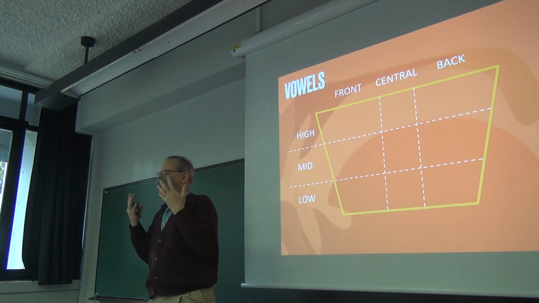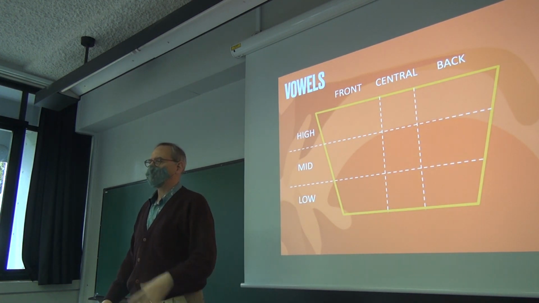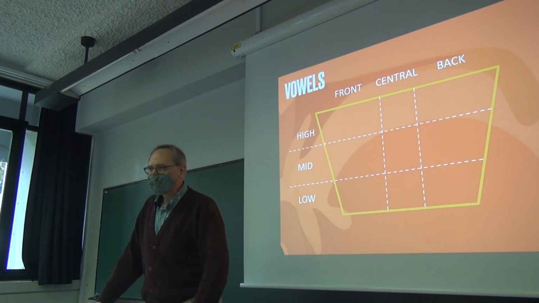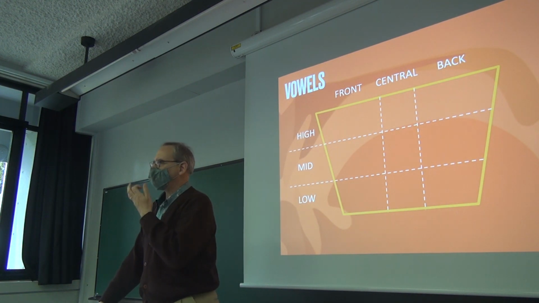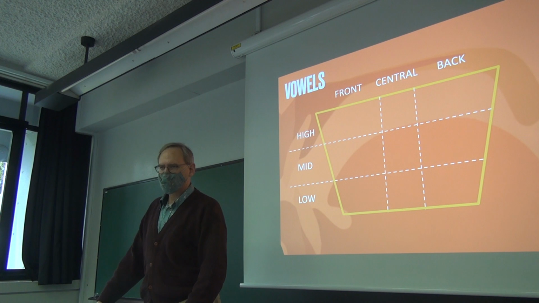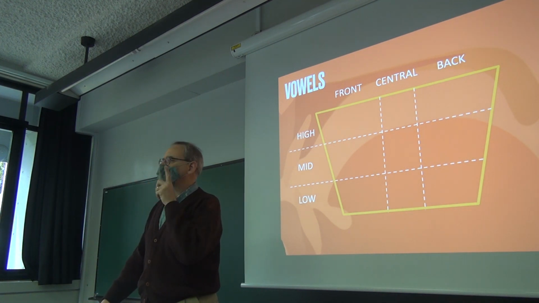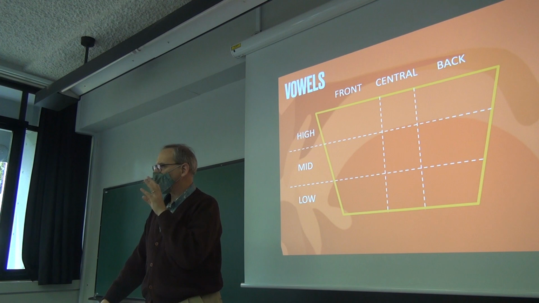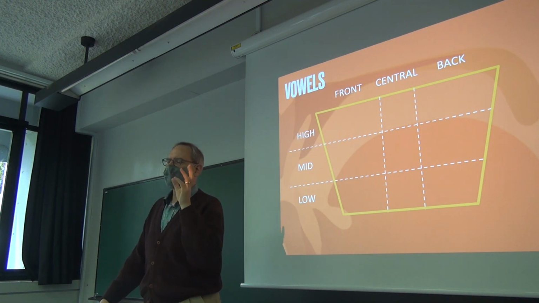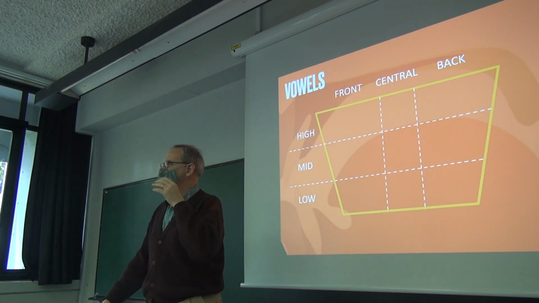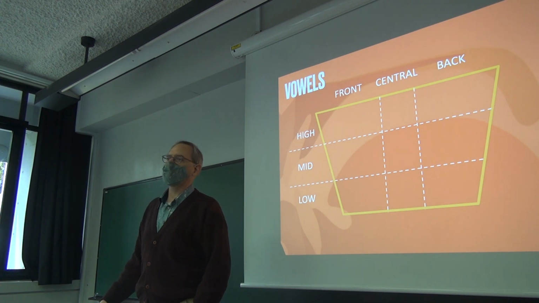If you just make different sounds in your mouth, ah, ee, oo, eh, o, you can feel that changing the position of the tongue changes the shape of the space in the mouth. That's the key point. The shape of the space in the mouth causes the sound of the voice to be different.